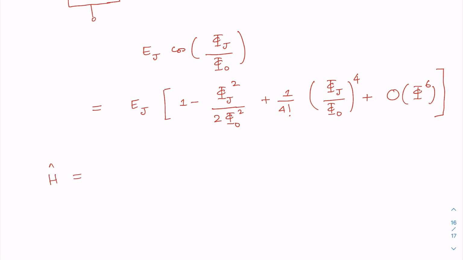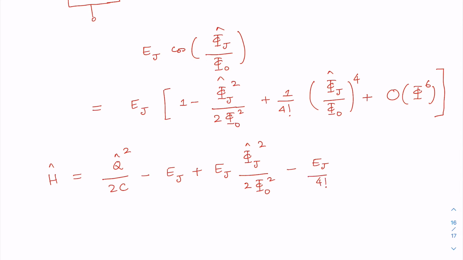We'll have H is equal to q square by 2c minus Ej plus Ej, all these are operators, phi j square by 2 phi 0 square minus Ej by 4 factorial, phi j to the power 4 divided by phi 0 to the power 4.